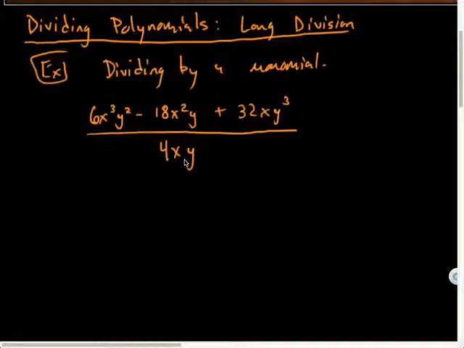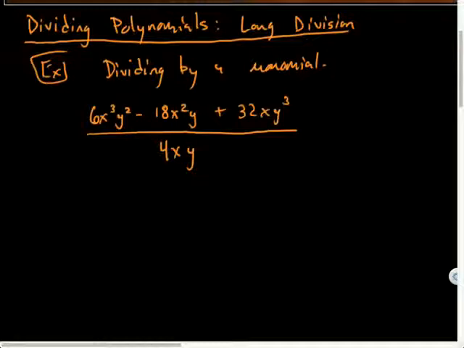One of the techniques you could do, just like we had distribution when we multiplied by a monomial, is I could distribute this division, where I'll just put this underneath each of these terms. So it's kind of like distribution.